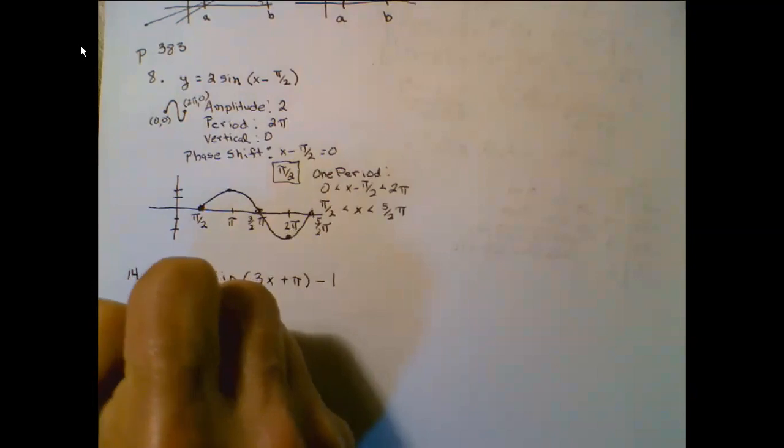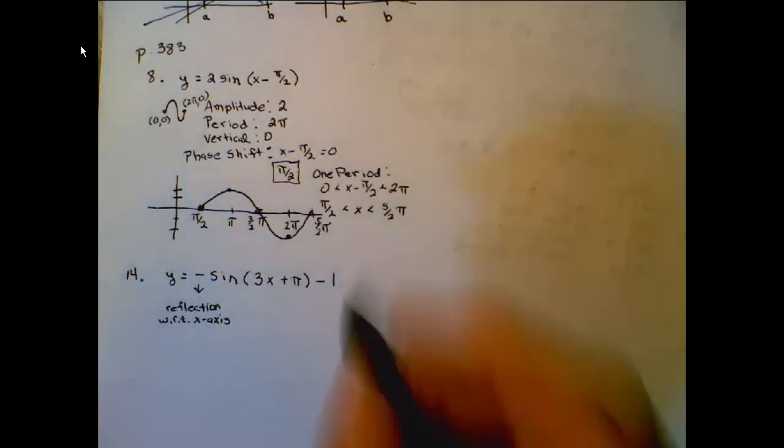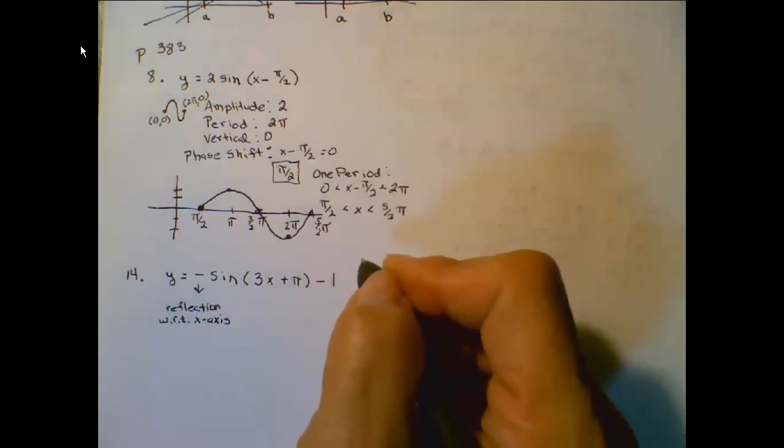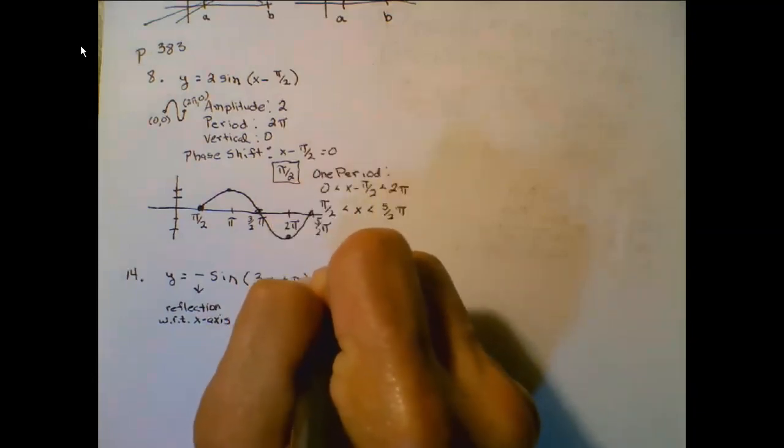So we have a reflection with respect to the x-axis. What is this -1 do to our graph? Vertical. Yep.